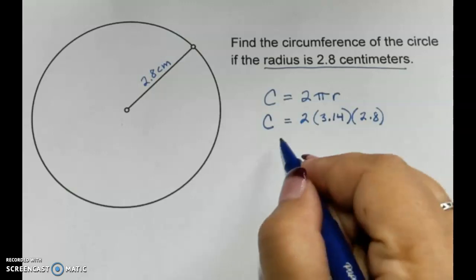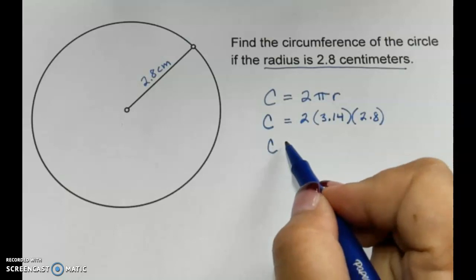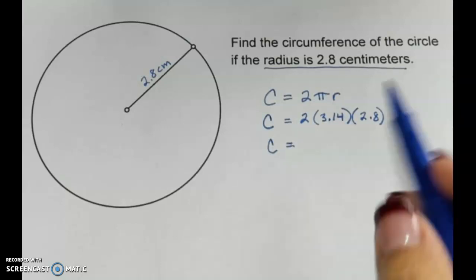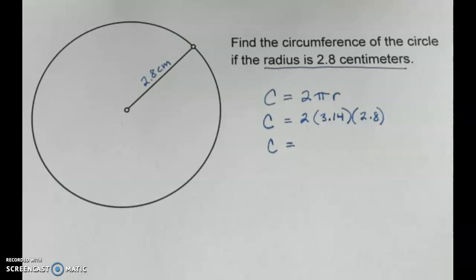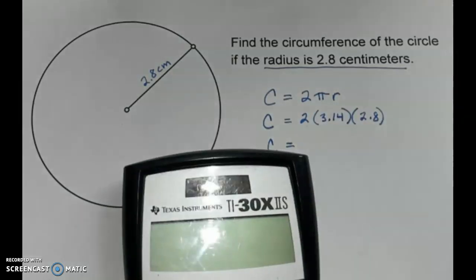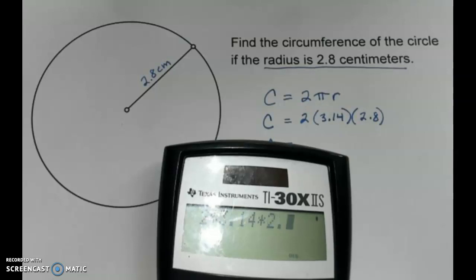Now we're going to compute. So C, circumference, that's what we're trying to figure out, is going to be equal to 2 times 3.14 times 2.8. At this time, I'm going to go ahead and grab my calculator, and I'm going to punch in my values, 2 times 3.14 times 2.8.